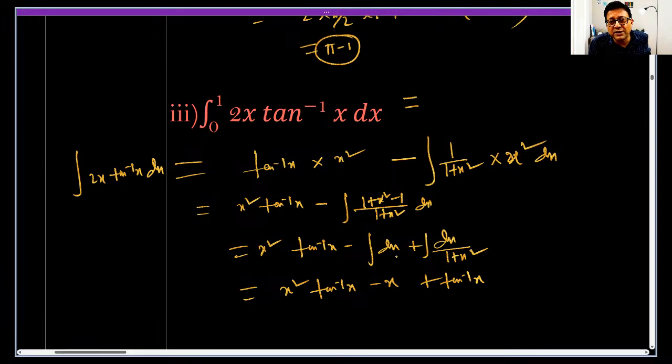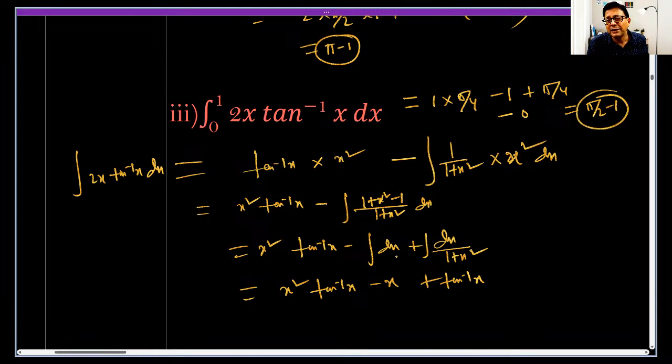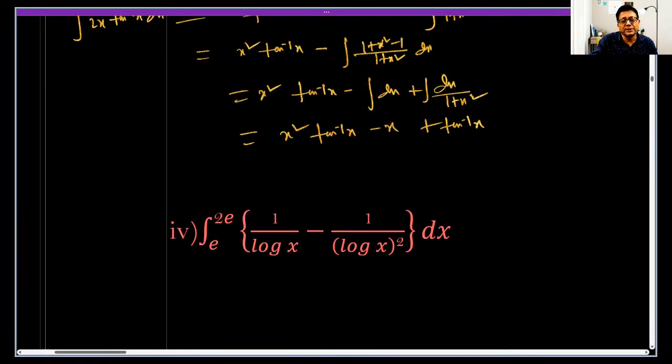Now you go on putting the values. Put x equal to 1 first. 1 square is 1, tan inverse 1 is pi by 4, plus tan inverse 1 again pi by 4, minus, you put x equal to 0. All are zeros only. So answer will be pi by 2 minus 1. Clear? Just put upper limit, that minus lower limit.